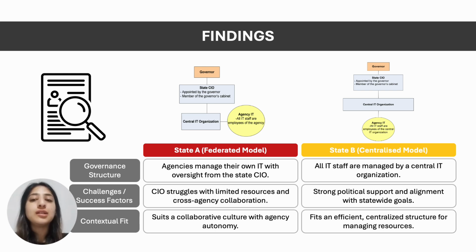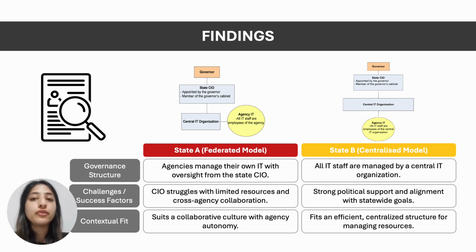However, it does allow agencies to maintain their autonomy and make quick decisions without needing central approval. On the other hand, the centralized model enjoys strong political support and alignment with statewide goals, making it highly efficient. But at the same time, IT people can face challenges such as delays in decision making due to bureaucratic layers.